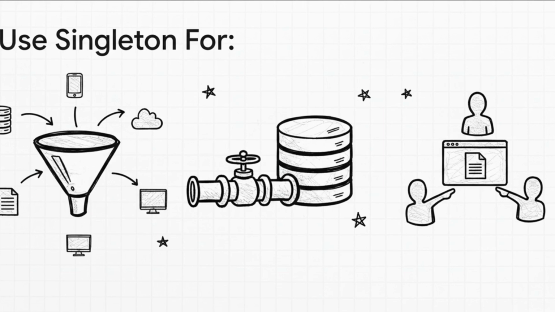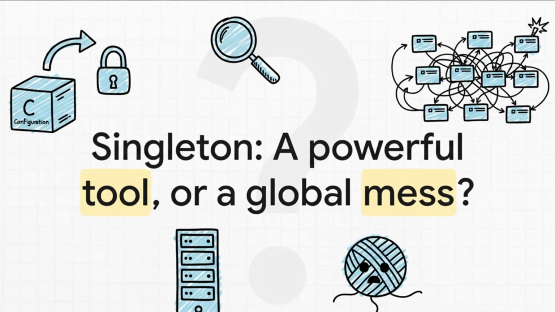It's also great for managing really expensive objects, like a database connection pool, where you definitely don't want to create new ones all the time. And finally, it's a solid choice for managing some kind of shared state that has to stay consistent across your entire application.